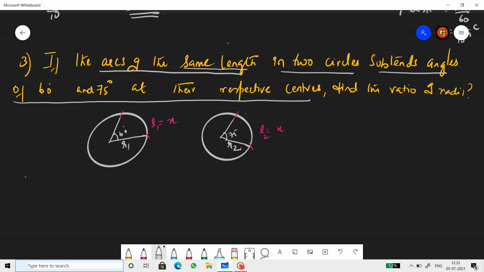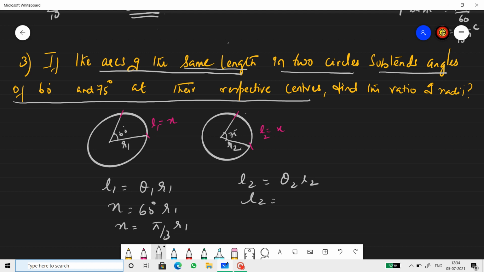Now, L1 is to L2. What is L1 here? L1 equals theta 1 into R1. So X is equal to 60 degrees into R1, or X is equal to pi by 3 R1, right? And L2 equals theta 2 into R2.